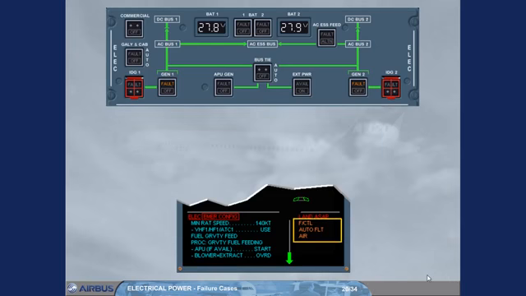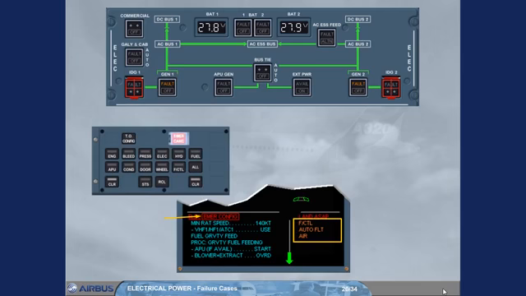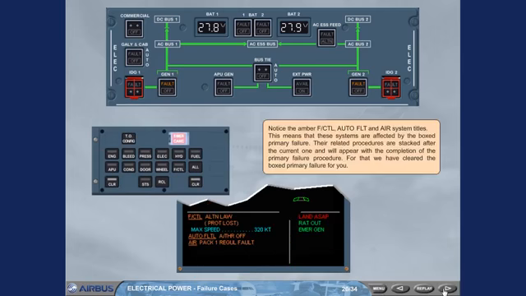Notice the amber flight control, auto flight and air system titles. This means that these systems are affected by the boxed primary failure. Their related procedures are stacked after the current one and will appear with the completion of the primary failure procedure. For that, we have cleared the boxed primary failure for you.